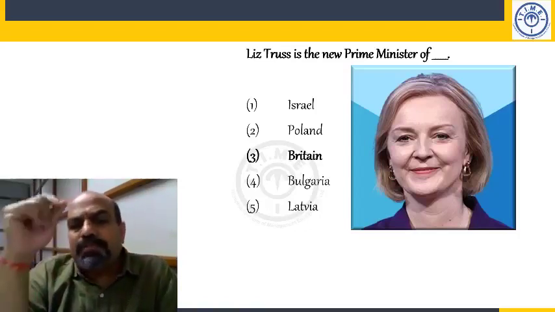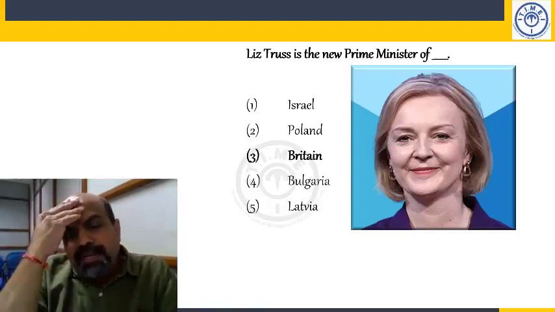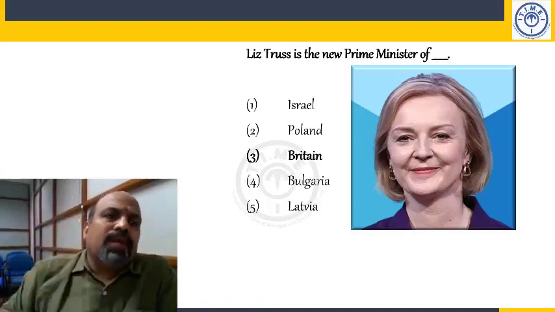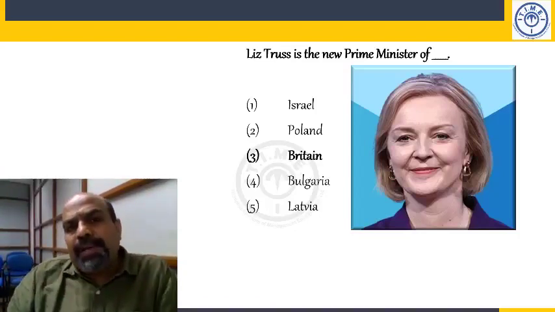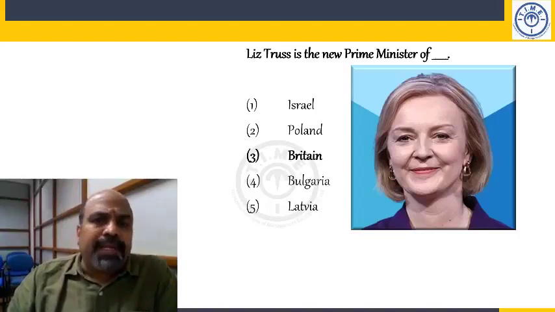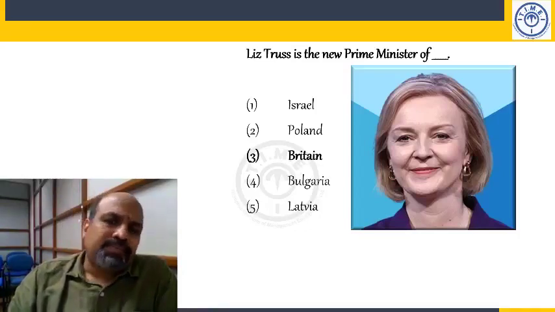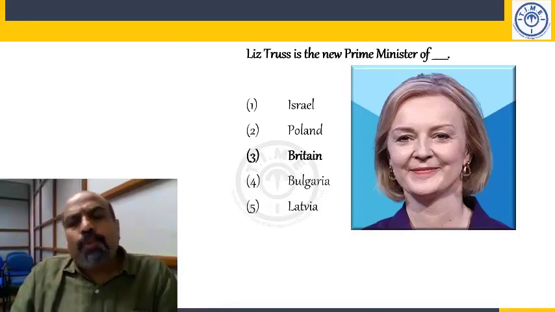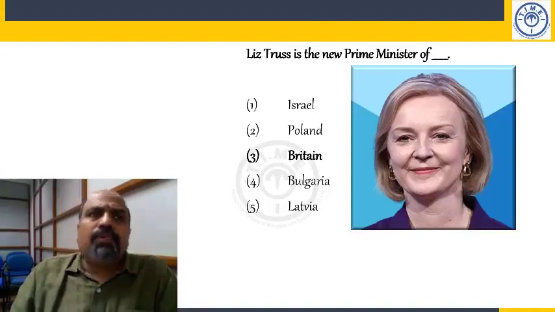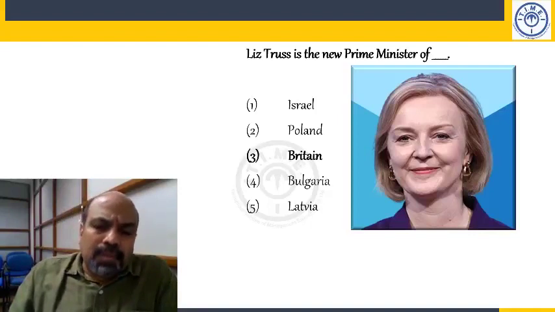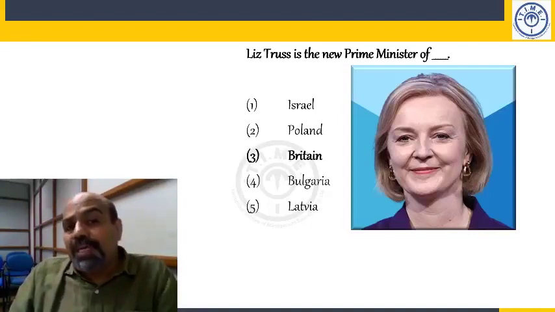What about the prime ministers of these countries here? Israel, Yair Lapid, YAIR, Yair Lapid, LAPID. Next, Poland. Poland's prime minister is the head of the government there, right? Mateusz Morawiecki.